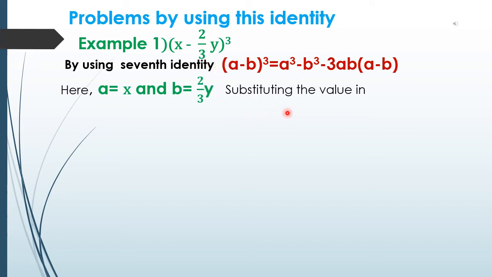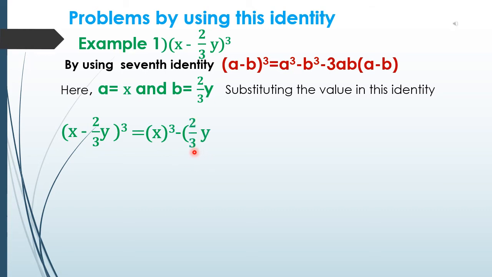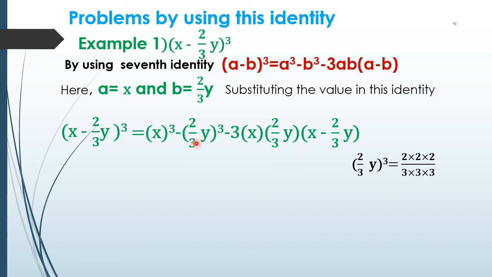Substituting the value in this identity. That is (x minus 2 by 3y) whole cube is equal to x whole cube minus (2 by 3y) whole cube minus 3 into x into 2 by 3y inside the bracket (x minus 2 by 3y) is equal to x cube minus (2 by 3y) cube is 8 by 27y cube.